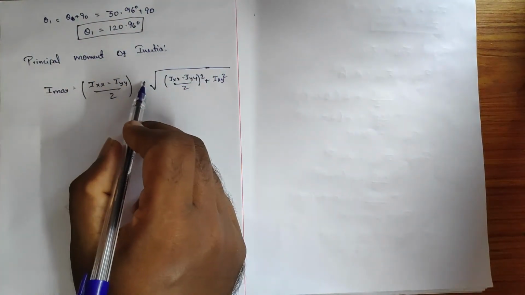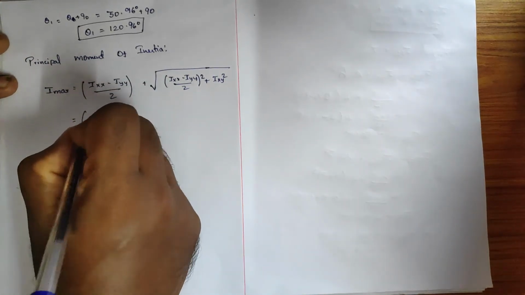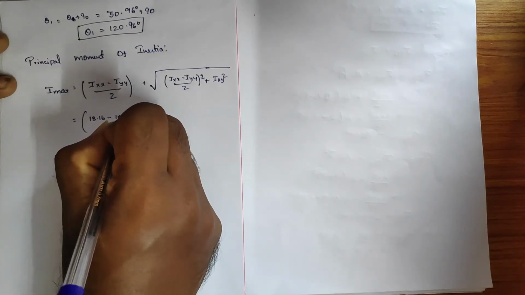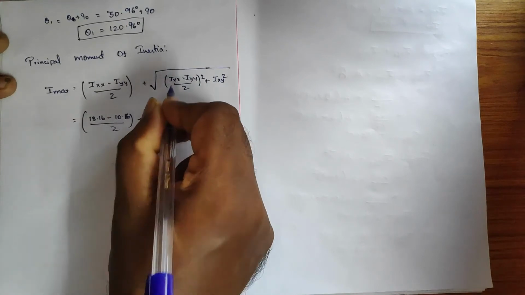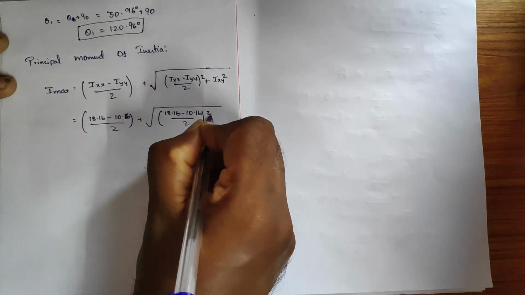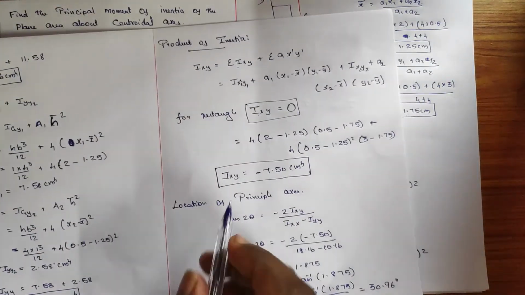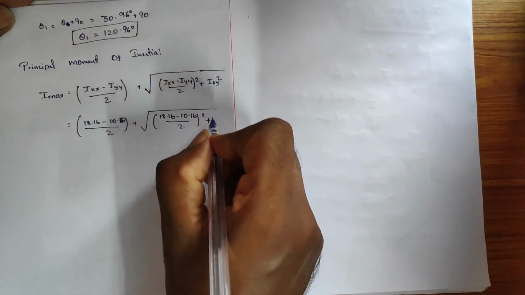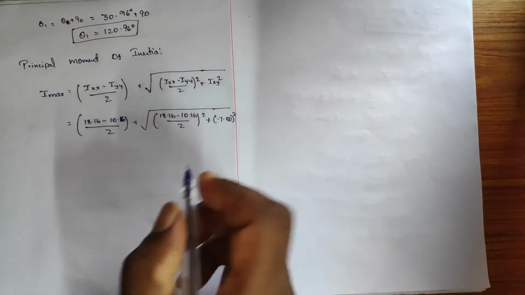For I max it is positive. So just substitute: Ixx value is 18.16 and Iyy value is 10.16, divided by 2, plus root of Ixx 18.16 minus 10.16 divided by 2 the whole square plus Ixy value we just calculated, minus 7.50, the whole square.